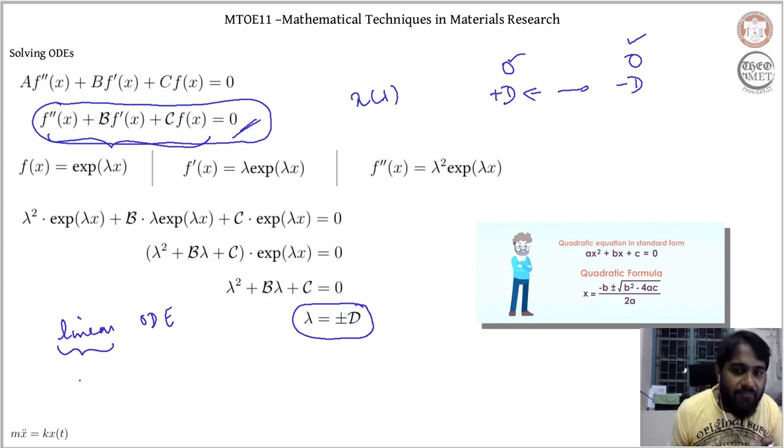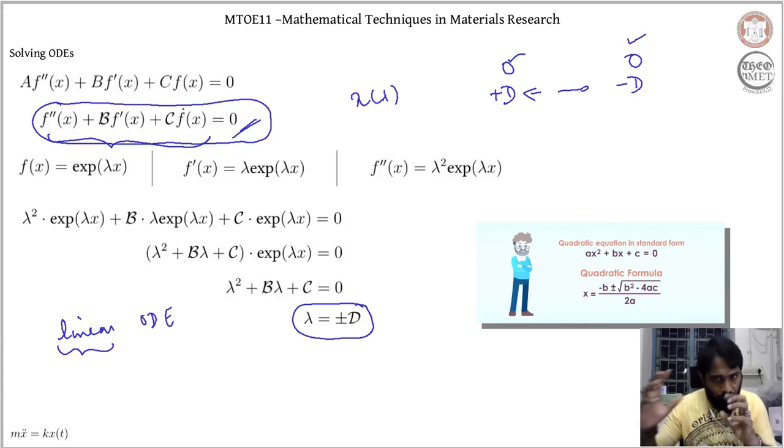When you have a linear ODE, and the linear ODE has two solutions, it is an axiom, or it could also be proved, that the sum of these two solutions is also a solution of this ODE. So let me repeat. When you have a linear ODE, and the linear ODE offers you two different solutions, the sum of these two solutions is also a solution of the ODE.